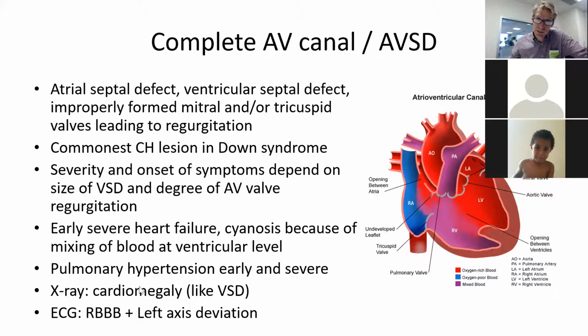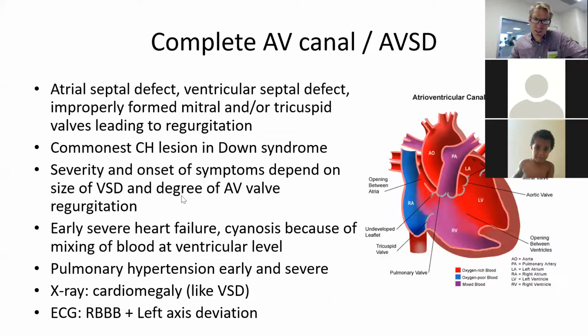The chest X-ray just shows cardiomegaly and pulmonary plethora like with a VSD, and usually because the right ventricle is under so much pressure from getting so much blood, they have a right bundle branch block, and sometimes they have left axis deviation as well, because both their left ventricle and their right ventricle are under a lot of stress.